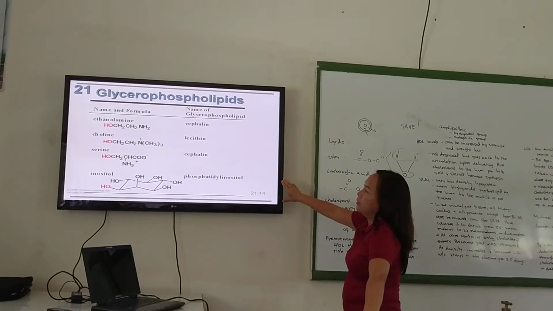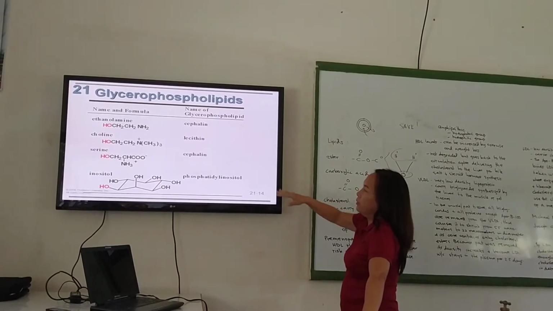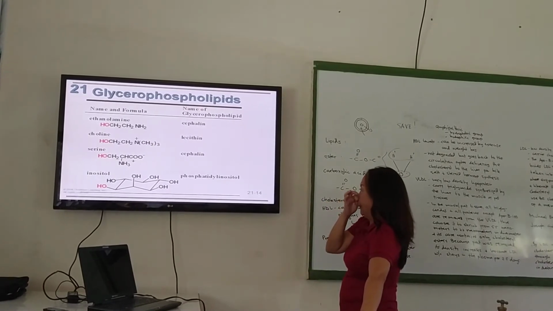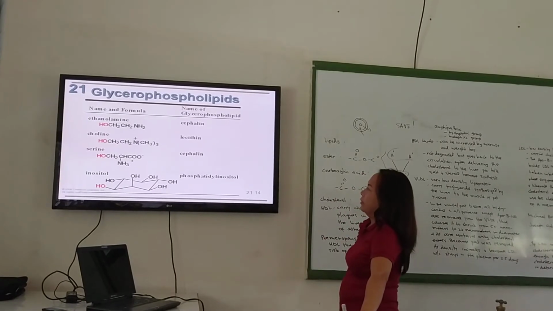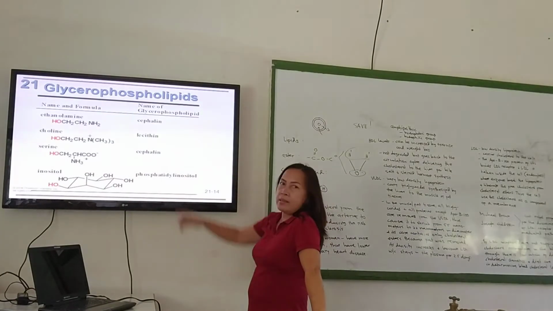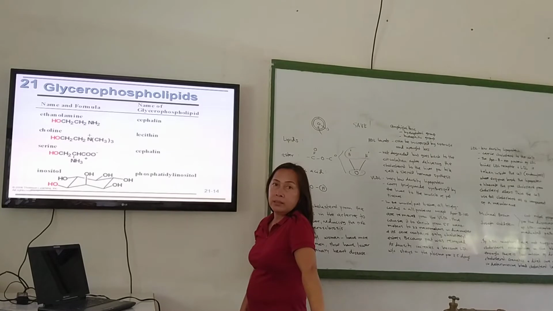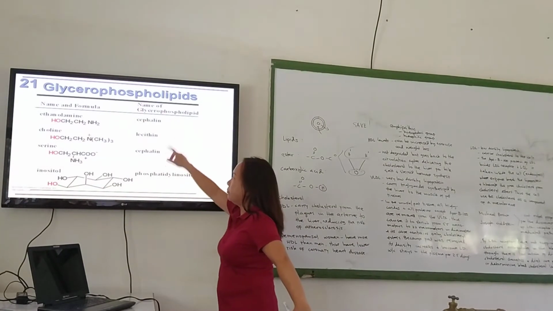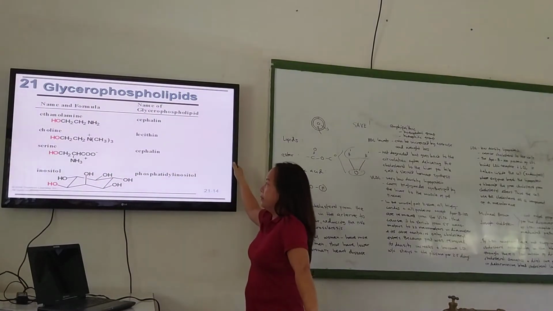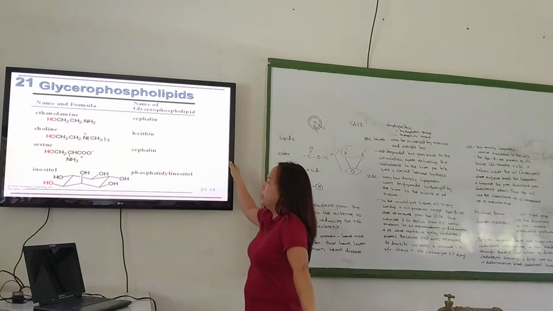We have lecithin, cephalin, and phosphatidyl inositol. Now, cephalin is very abundant in the brain. Take note of this: cephalin is very abundant in the brain cells, in the nervous system.